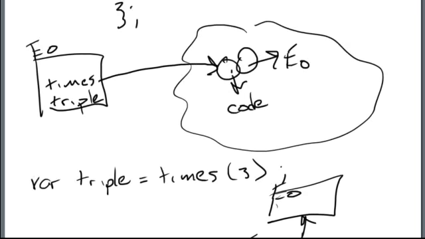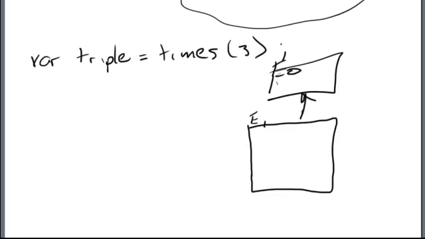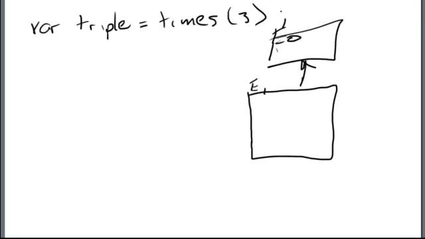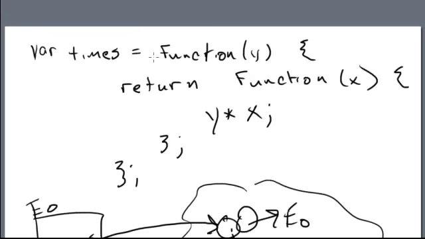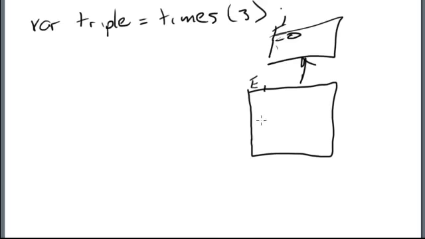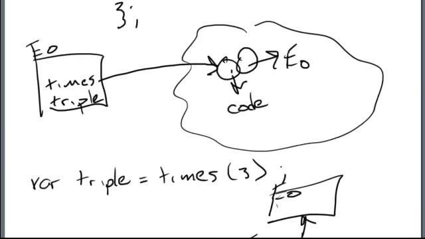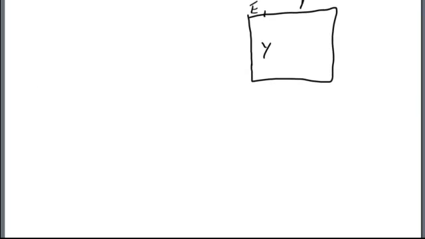So what we did, we said times 3. It looks up this function that we created, times, and it says this is the parameter y, and it adds y to our environment. It takes this argument 3, which is in our value store, and it maps y to that 3.